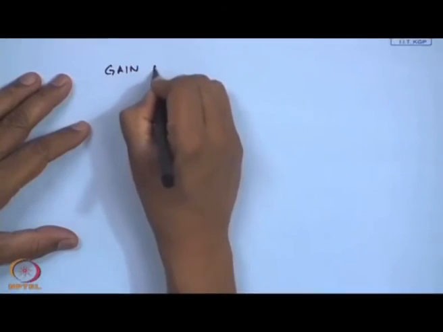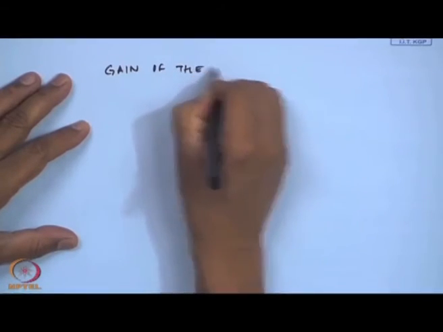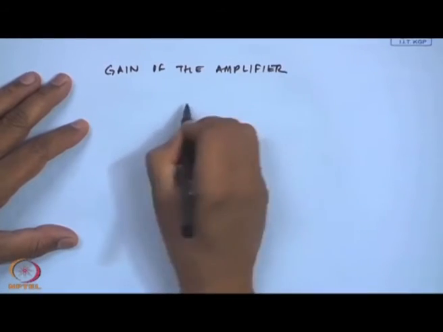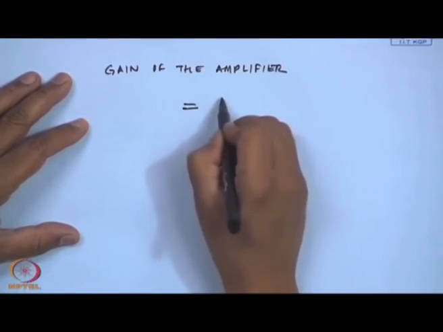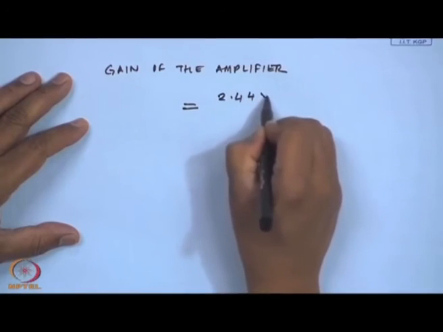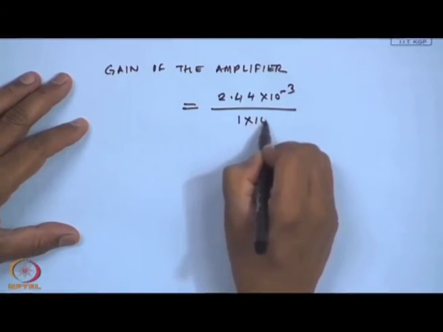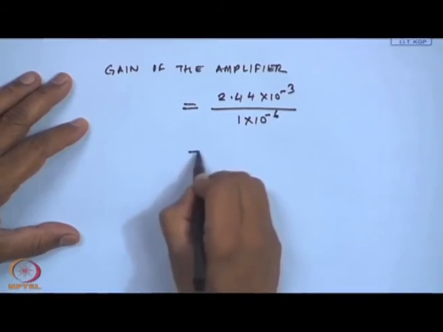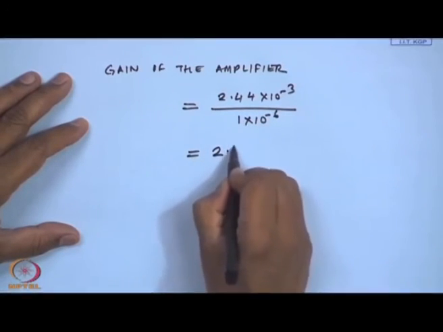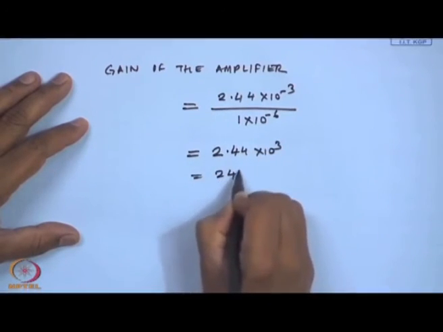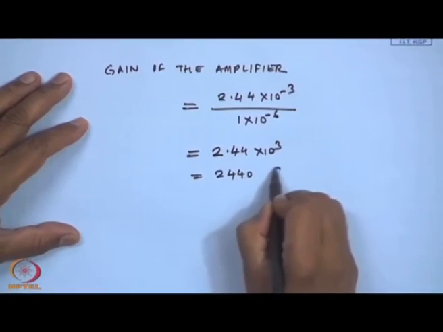So, the gain of the amplifier is nothing but 2.44 into 10 to the power minus 3 volt divided by 1 microvolt, 10 to the power minus 6. So, this is equal to 2.44 into 10 to the power 3, that is 2440. So, this is the gain.